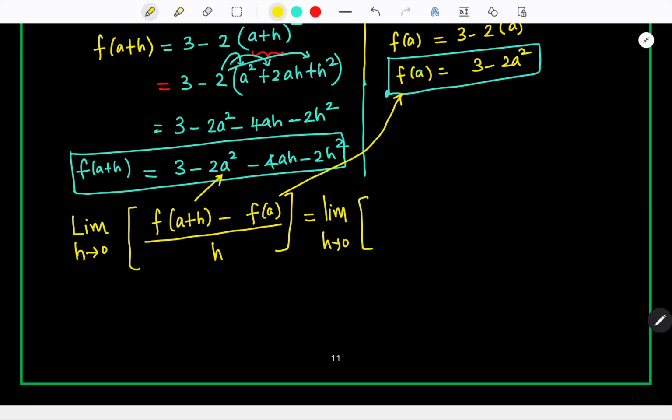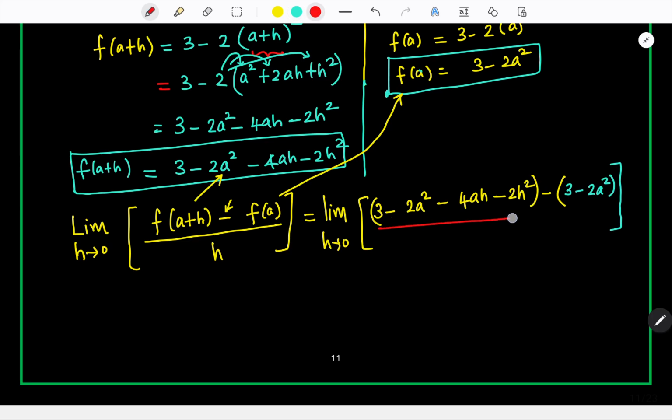So what is f of a plus h? 3 minus 2a square minus 4ah minus 2h square. This is f of a plus h, and there is a minus. When there is a minus, please use brackets. And what is your f of a? Which is 3 minus 2a square. Okay, close the brackets, and then divided by h.